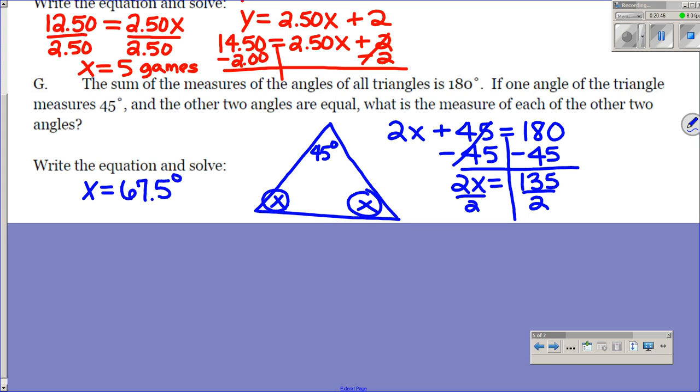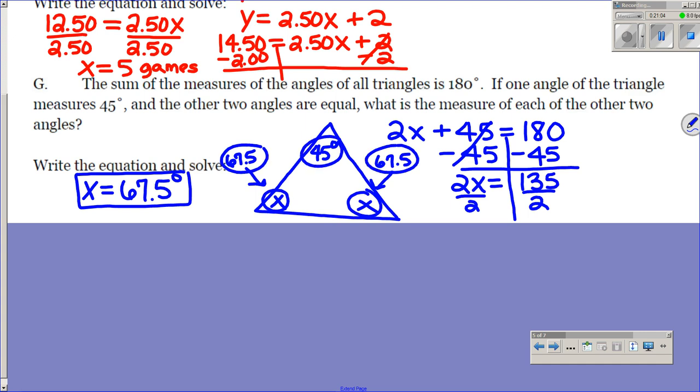That would be in degrees. So this measure, 67.5. This measure is also 67.5. If you add those three angle measures together, you will see that the total comes out to 180 degrees.